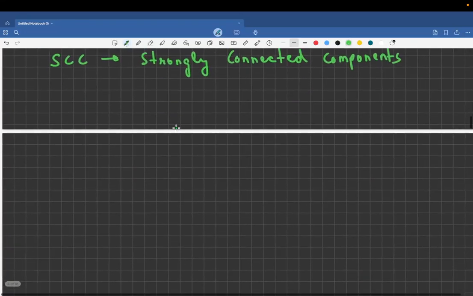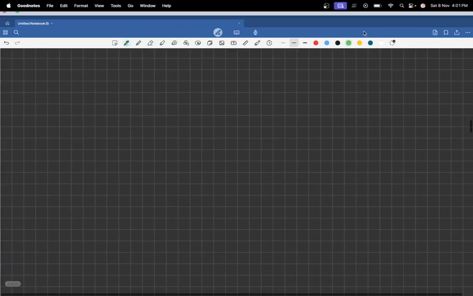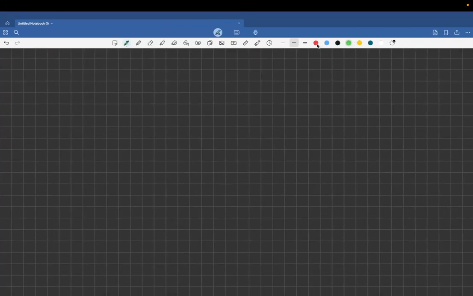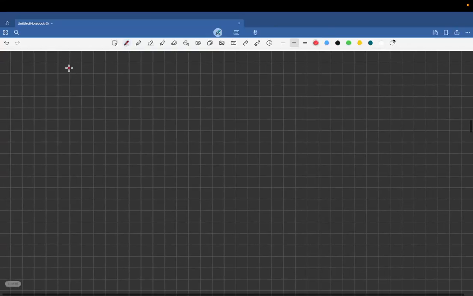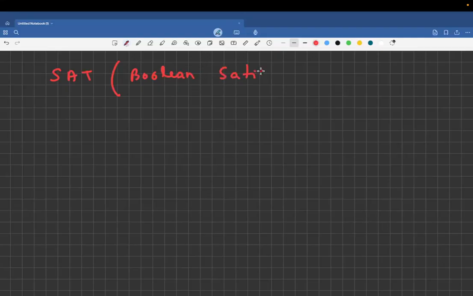So how can we actually solve this? To solve this problem, we should know a very important concept of SAT. What does SAT mean? I hope many of you would have heard this before. Boolean Satisfiability Problem.